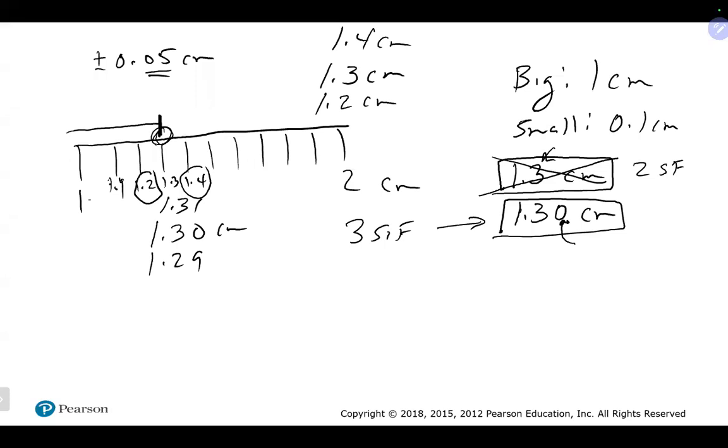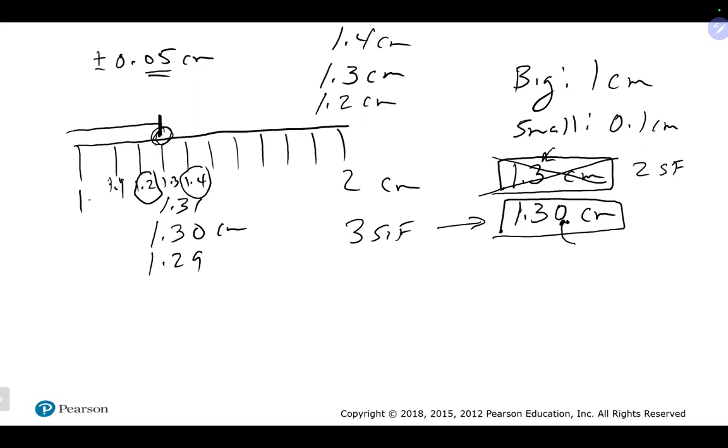So it's really important. It's a mistake that a lot of people make, which is, it's right on the number, so I'm just going to record what the number says. But if that piece of equipment has the ability, like it does in this example, to go to the second decimal place, you need to maintain that by putting a 0 there.